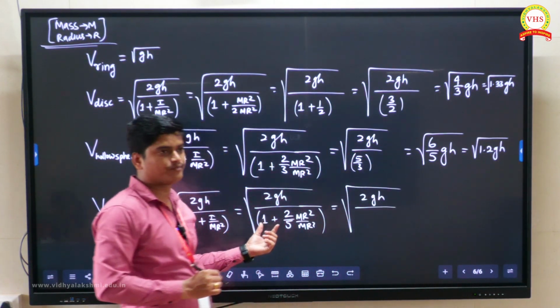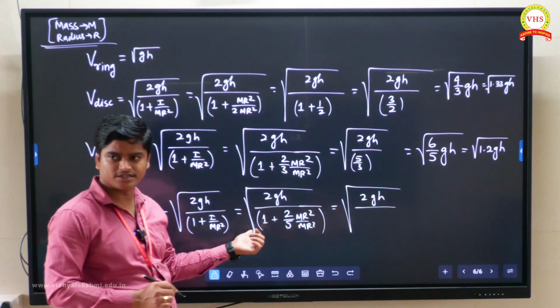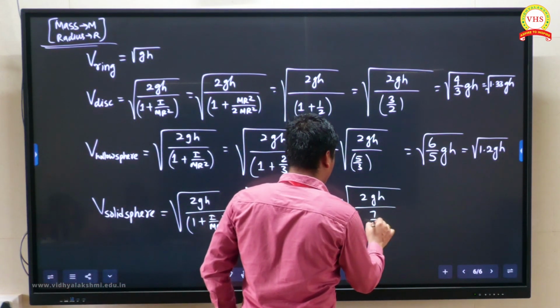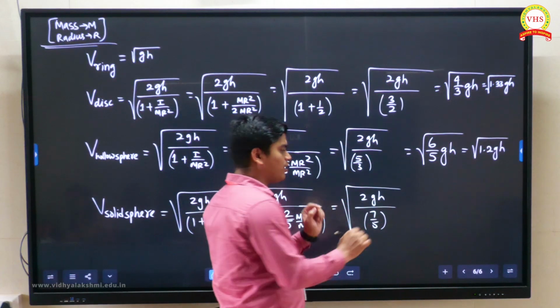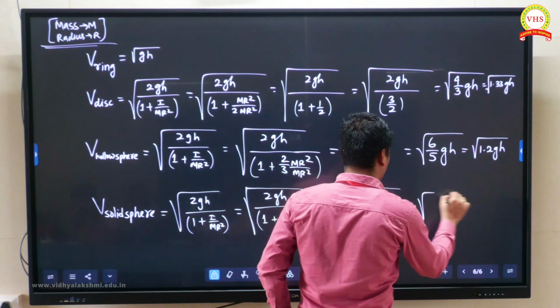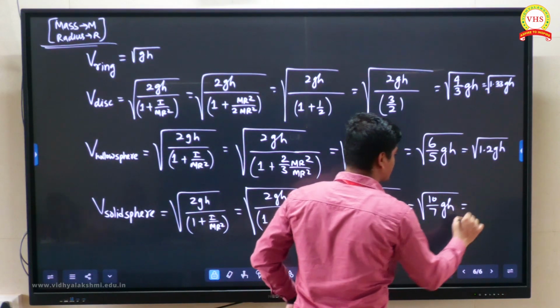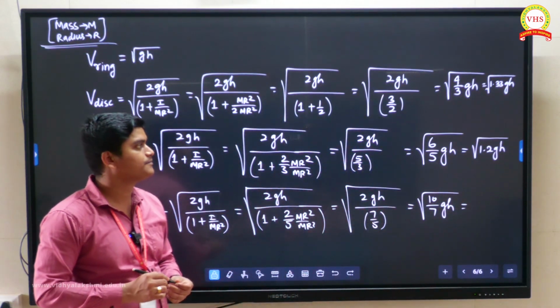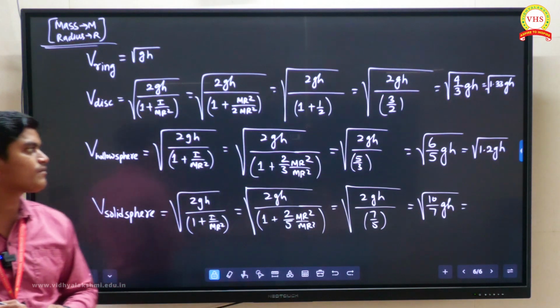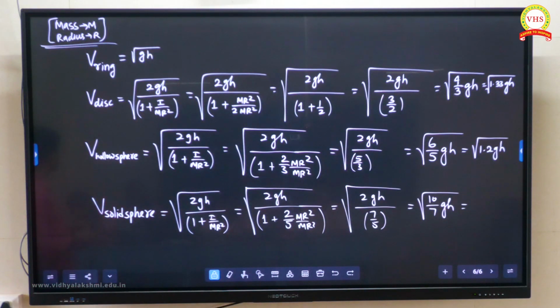1 plus 2 by 5 is 7 by 5. Yes or no? So now here you will get 7 by 5. Now this 5 will go up, so what will we write here? Root under 10 by 7 gh. Yes or no? What is 10 by 7? 1.4.